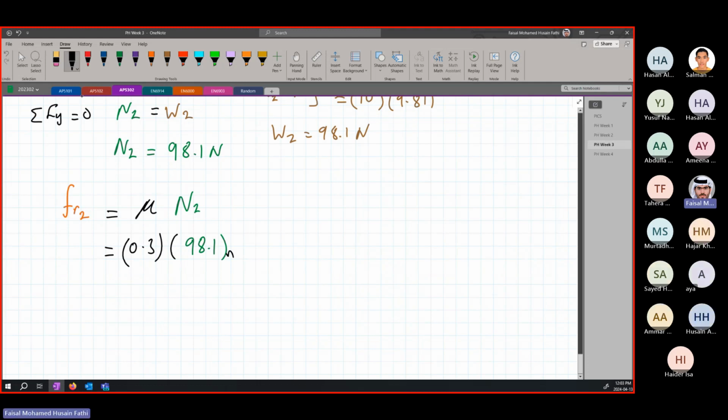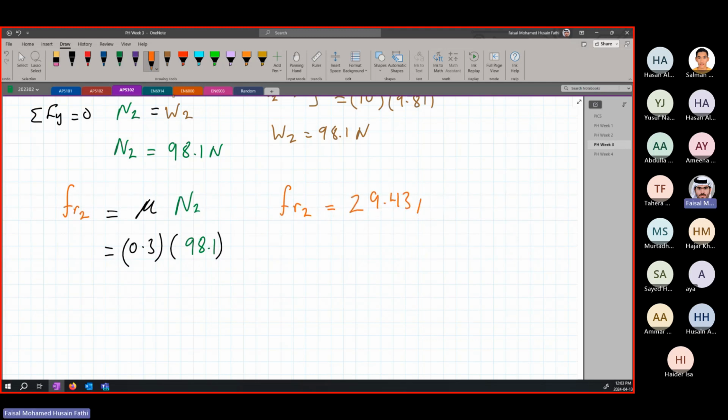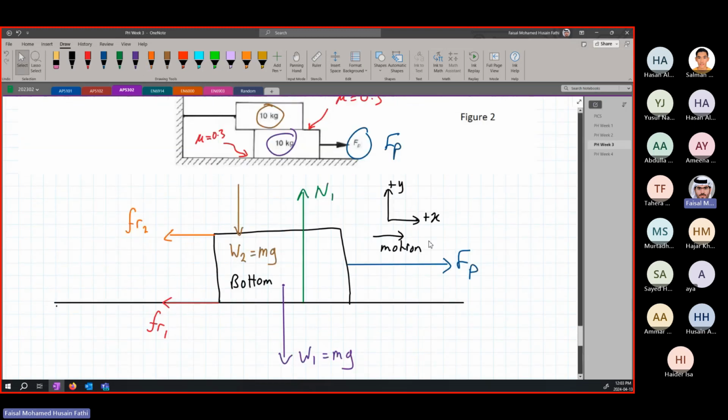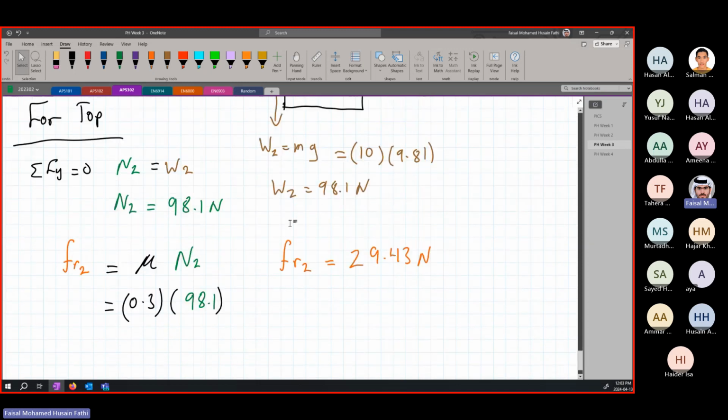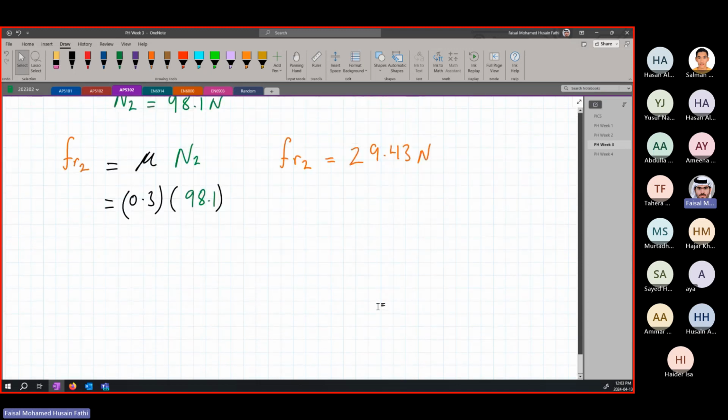So we can find now the friction force 2 is equal to 0.3 times 98.1, which is 29.43 newtons. So we found our friction force, and this is the only thing we need to analyze from the top box at least. So for the top, we found out the analysis of the friction force 2.